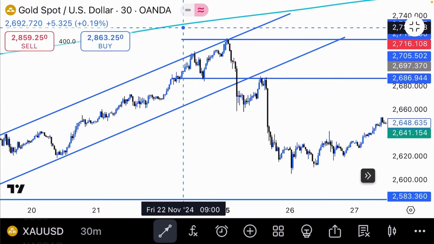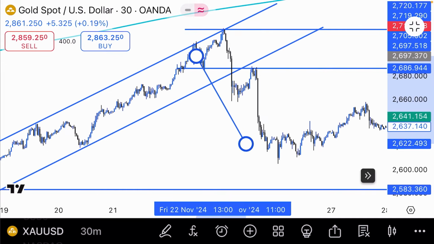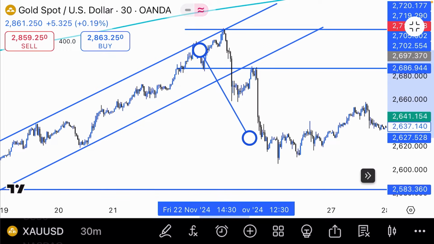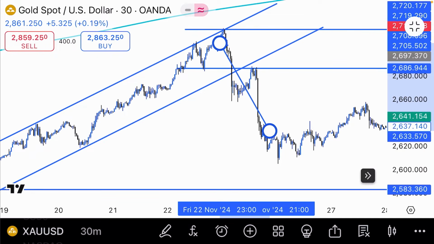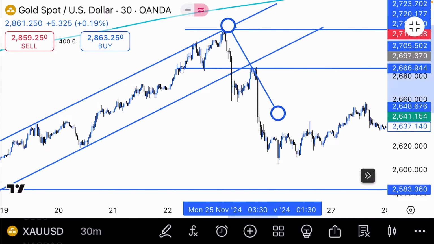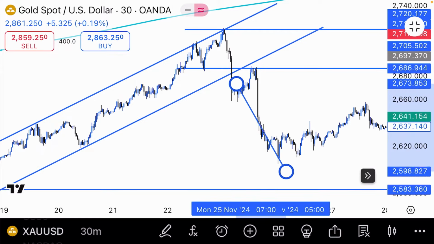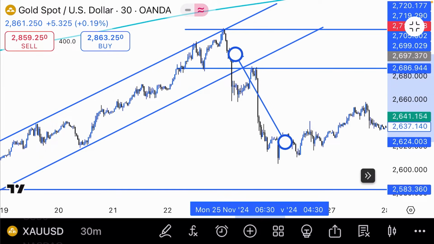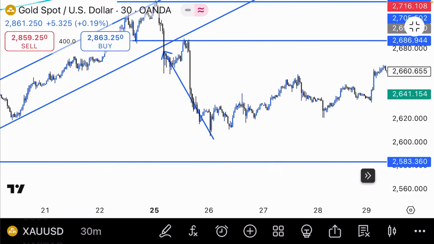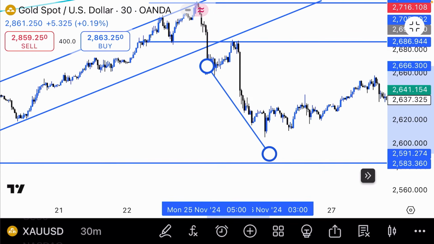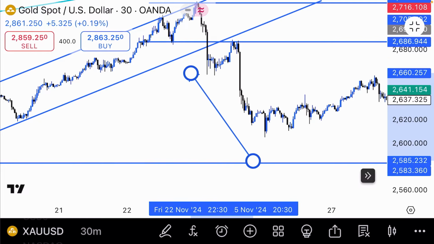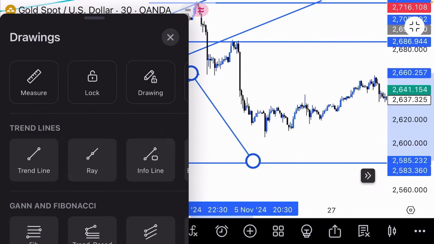Now the first entry you would have taken was this risk entry here, and the second entry is this reduced entry here, right? Like I said, with currencies, all I want to see is a breakout here. When the market broke out here and closed below my support level, I just had to put my entries here.